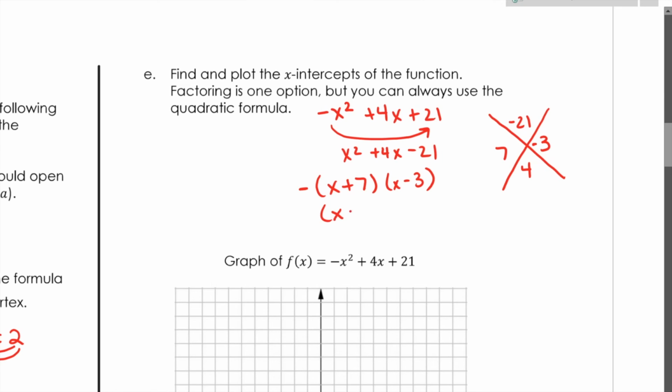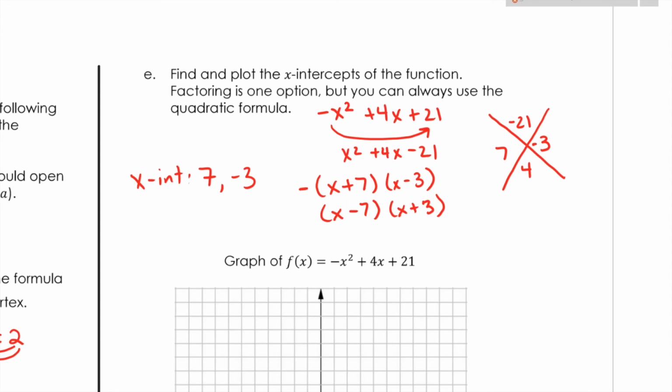So really, it's going to be x minus 7, x plus 3. Now I take the opposite of negative 7, so my x-intercepts are going to be a positive 7 and a negative 3. That was a little bit more confusing than the other one, but we had to bring that negative back. That's the reason why we changed it.